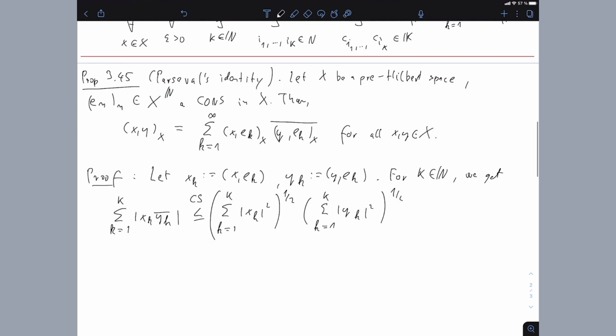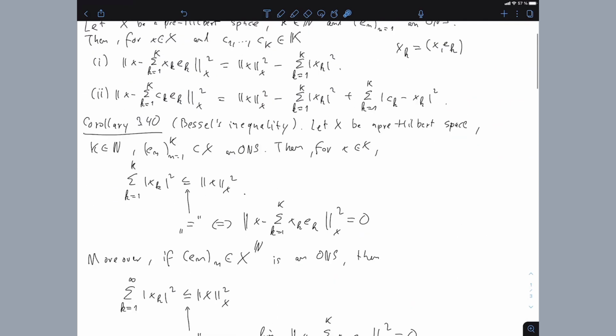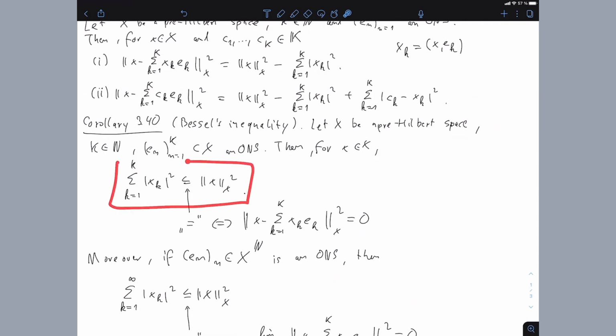So this is smaller equal to the full sum to infinity, but we can also go a different route and use directly Bessel's inequality. Then I don't have to go to the limit and can just directly bound it with the squared norm.